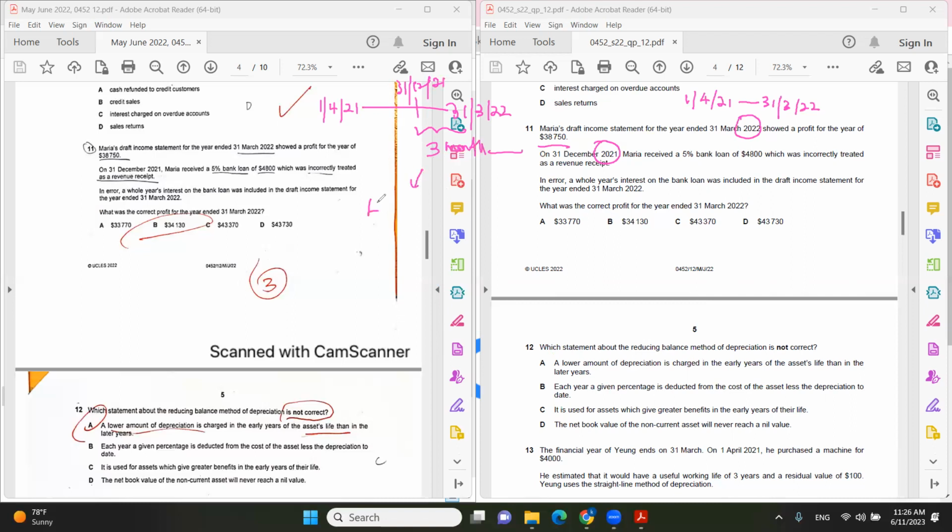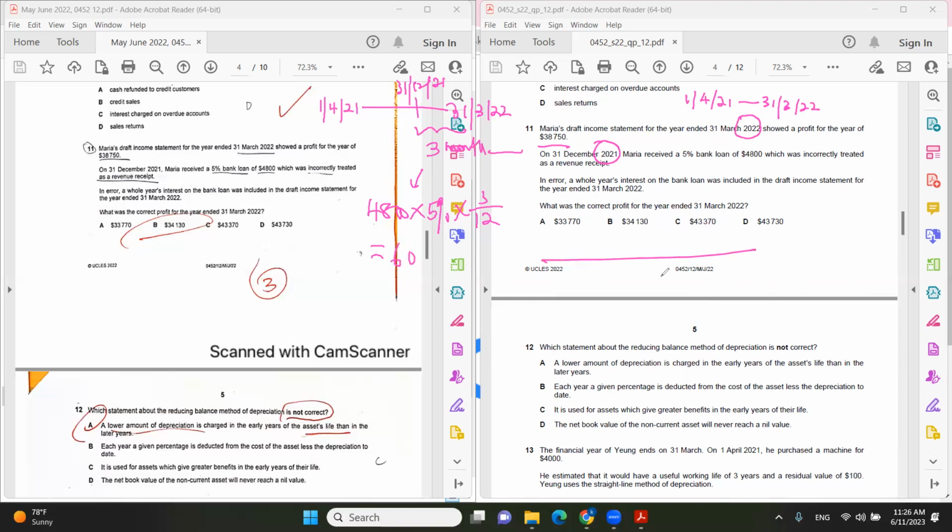We calculate the interest, 4,008 times 5%, but we only times 3/12 because only use for 3 months only. Okay, 4,008 times 5 and then times 3 divided by 12. So this is only 60, the interest.